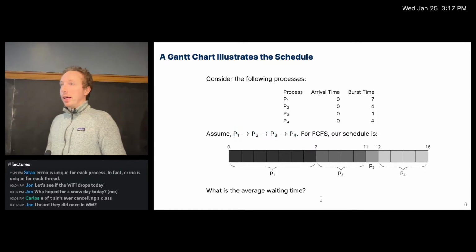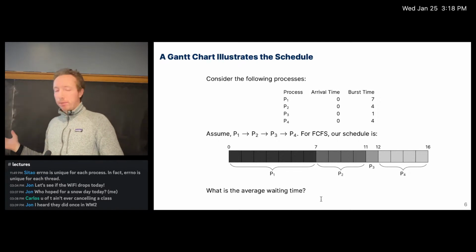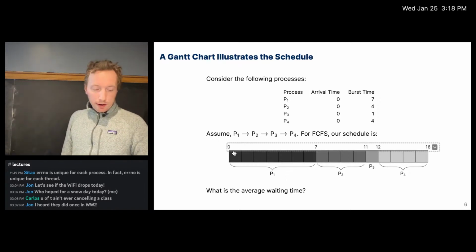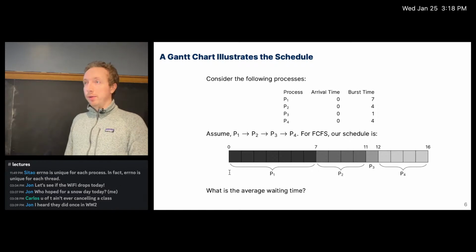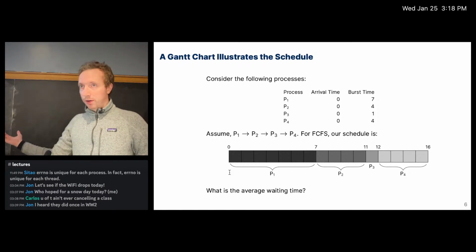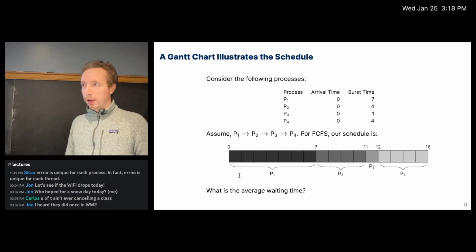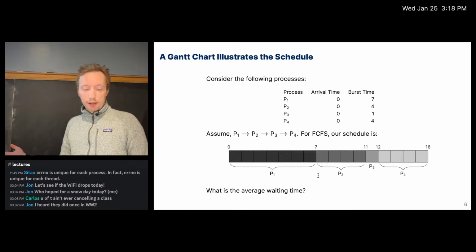So in this case, if we compute the average waiting time for each process, we just add together how long it's waiting for, and then just divide it by 4. So they all are ready to execute at time equals 0. P1 waits 0 time units until it executes because it executed immediately. P2 waited for 7 because it had to wait for P1 to be done.